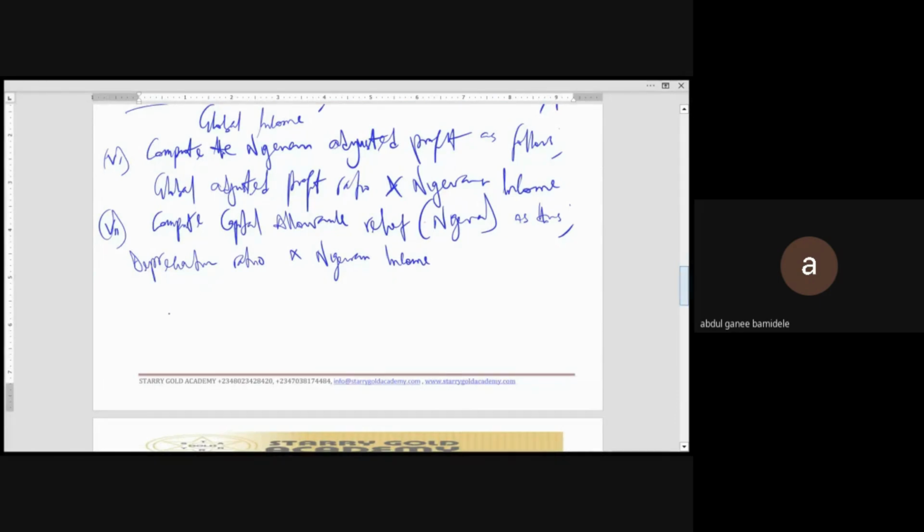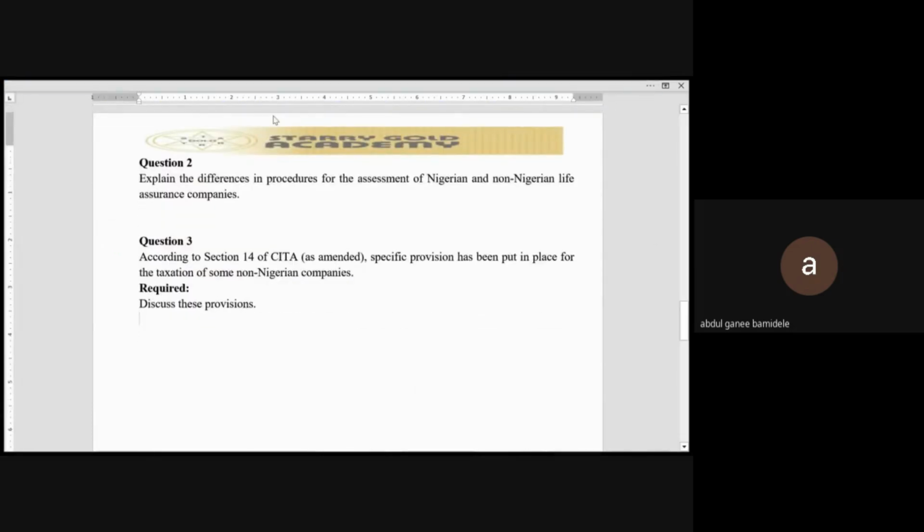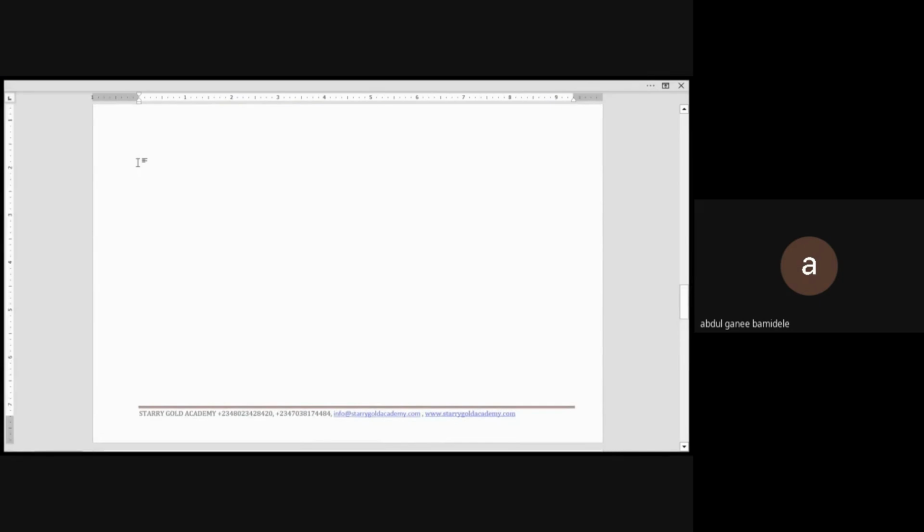After getting that, lastly, you need to determine the Nigerian total profit. Step 8, determine the total profit.